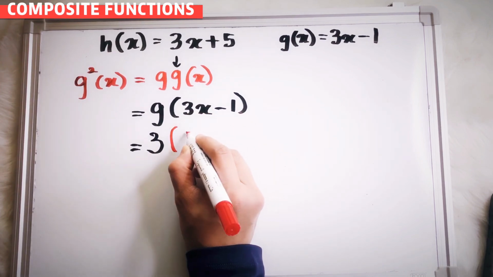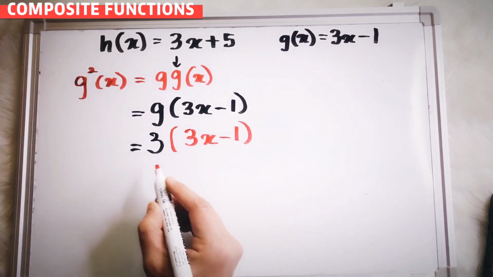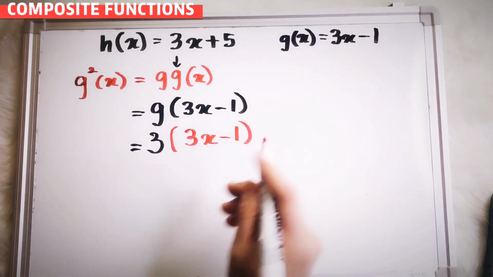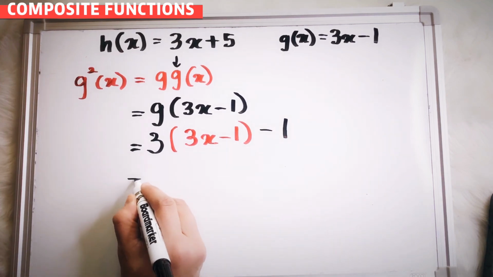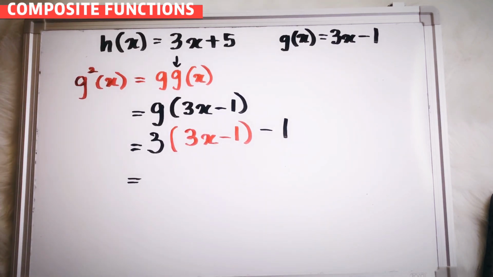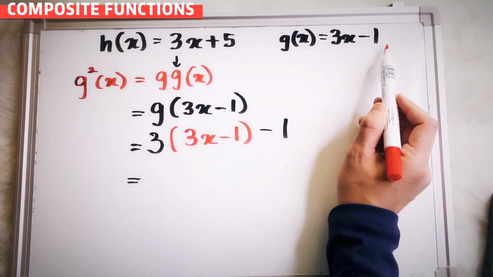Our x, we replace new x, okay? So 3x minus 1, 3x minus 1, minus 1. So now, see? 3x minus 1, 3x minus 1.